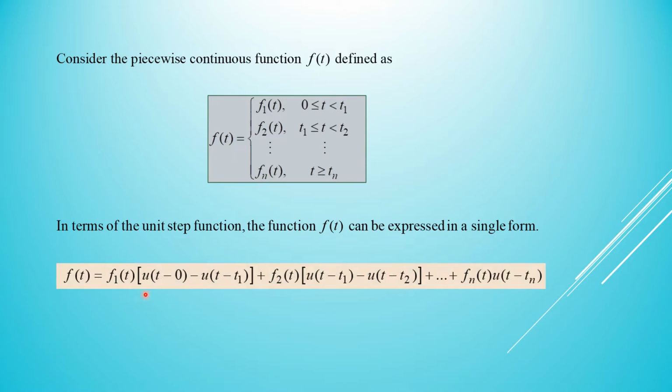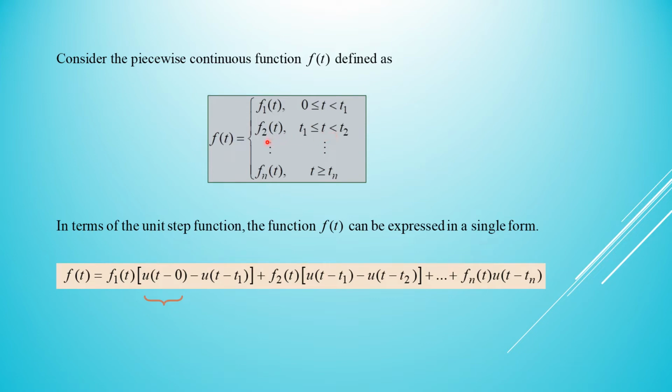So f of t is equal to, now we start with the first function within the first subinterval, and notice that the endpoints of the first subinterval are 0 and t1. So we write down f1 of t multiplied by u(t minus 0) minus u(t minus t sub 1), plus, for the second function it is f2 of t, and the end limits for the second interval are t1 and t2.